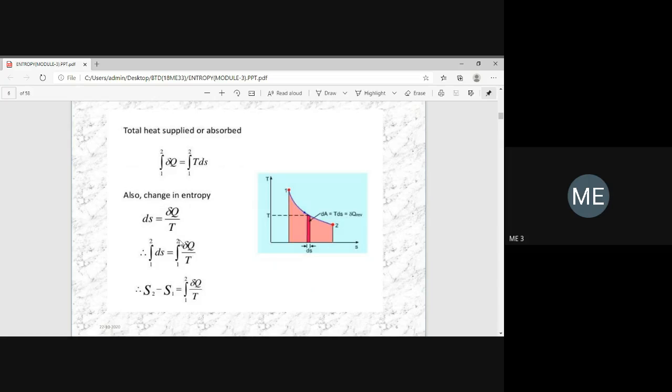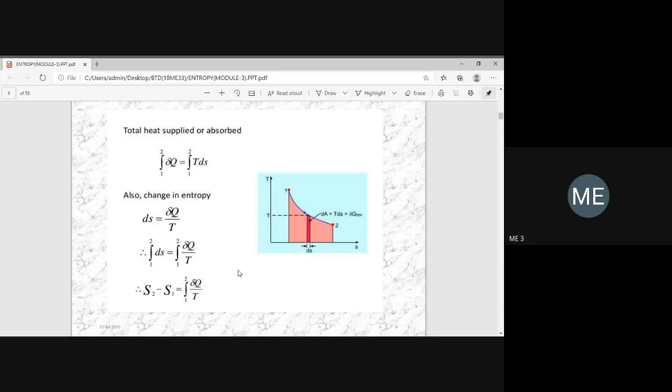Because entropy is a property, we can write it as S2 minus S1. You remember pressure, volume, and temperature are thermodynamic properties; internal energy, enthalpy, and entropy are also thermodynamic properties, and they are all point functions. You remember the cyclic integral of any property is equal to 0.